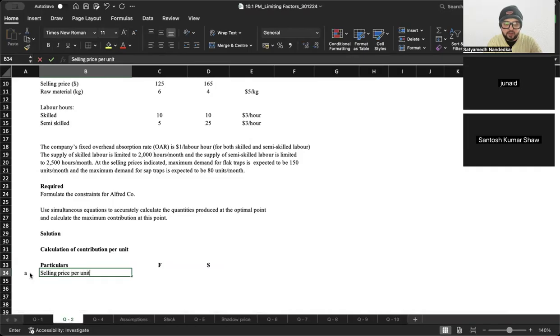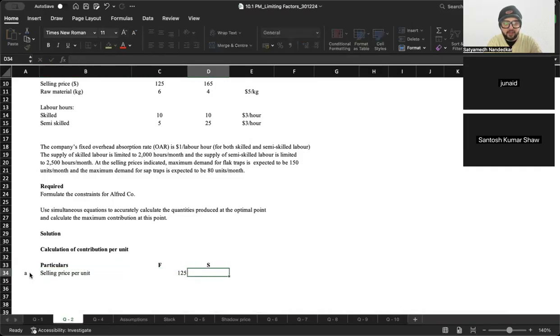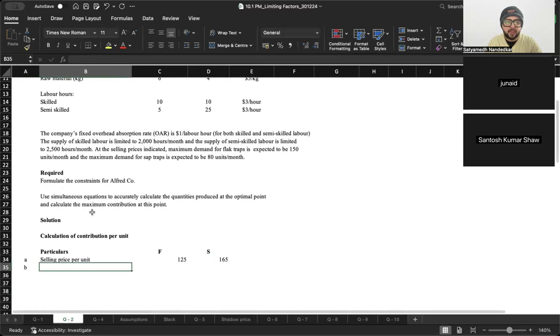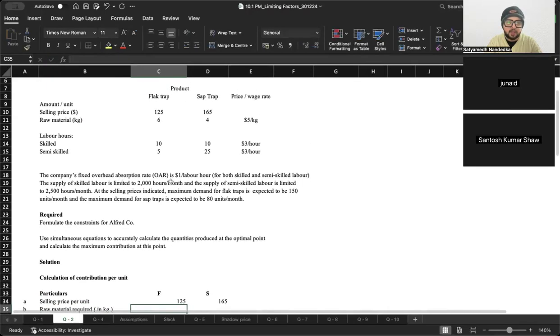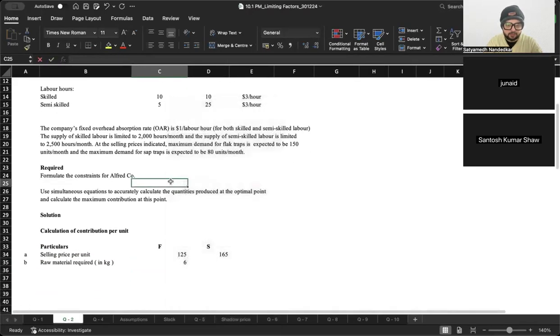This is given to us in the question. 125, 165. Then raw material requirement in kg. Raw material required in kg: 6 and 4.